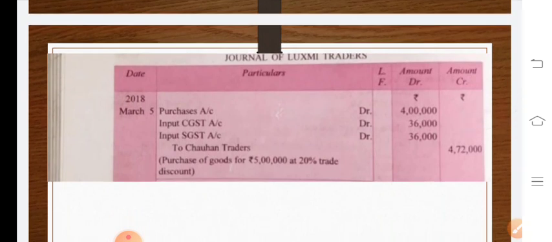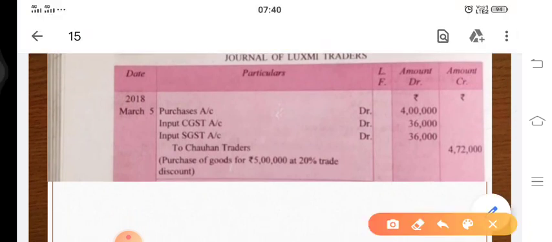Now as we already have discussed, we have purchased goods of rupees 5 lakh, and after providing 20% trade discount: 10% of 5 lakh comes to 50,000, so 20% will be 1 lakh.